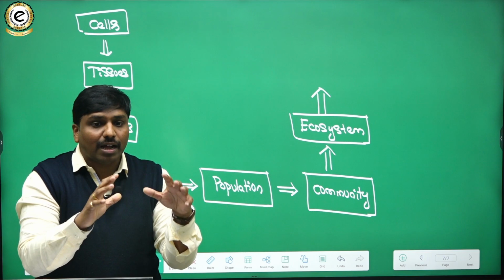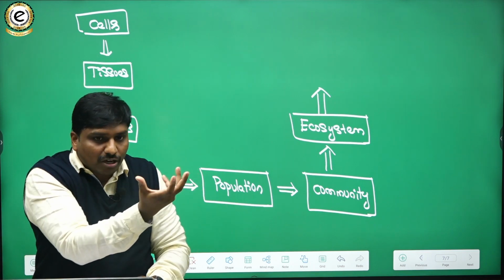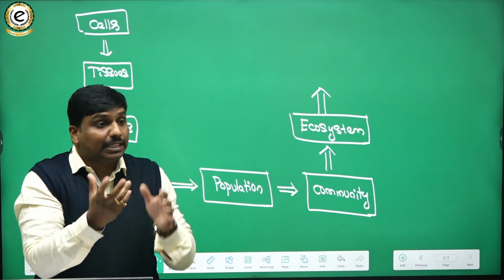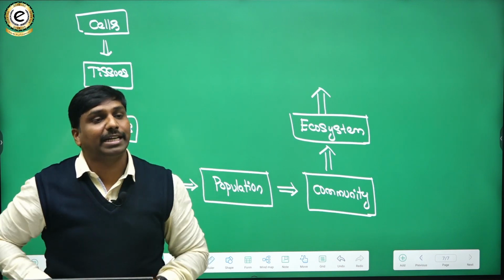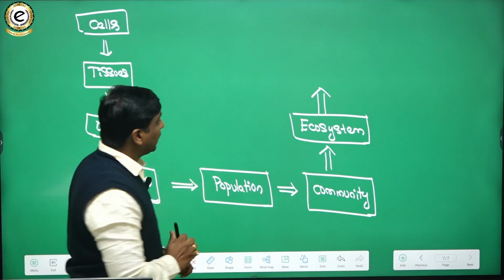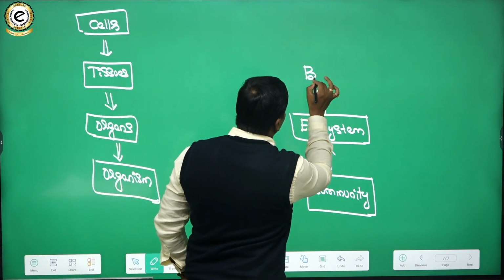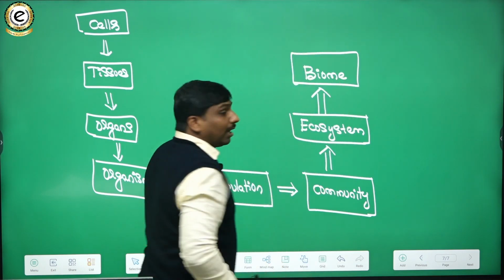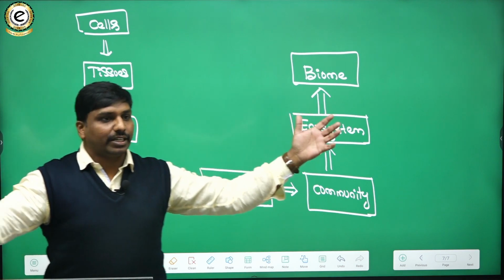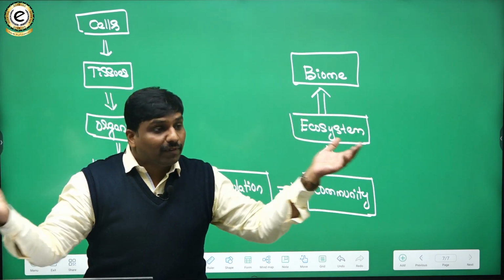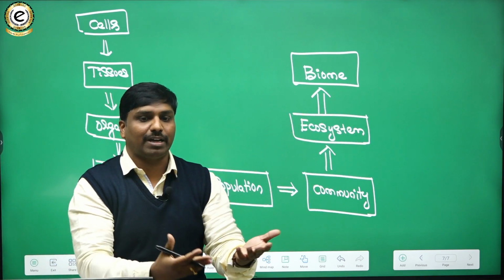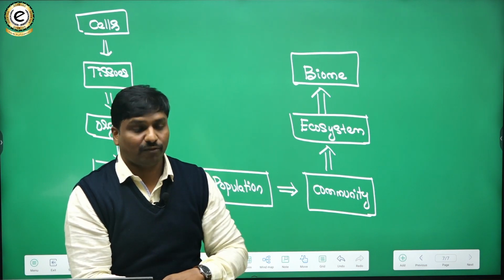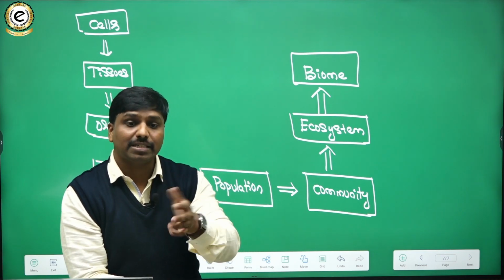So at the next level, when you try to study particular fauna and flora that are present in a large geographical area with specific temperature and climatic factors, that is known as a biome. Biome is a large geographical area with specific flora and fauna. Flora means vegetation, fauna means animals.